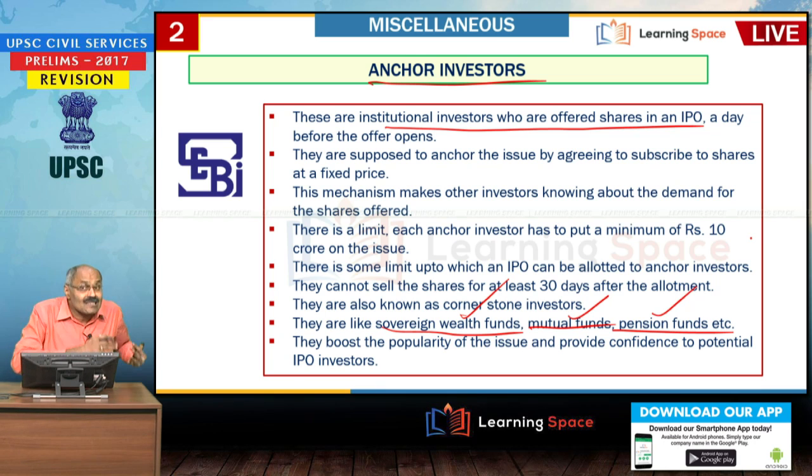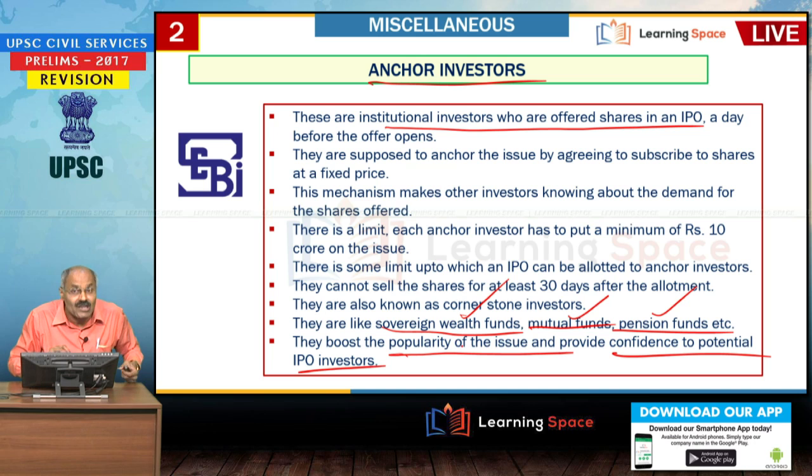They will invest up to 30% or so of the total value of the IPO. You may have a doubt why these anchor investors invest initially. The anchor investors' investment basically boosts the popularity of the issue and provides confidence to the potential investors.